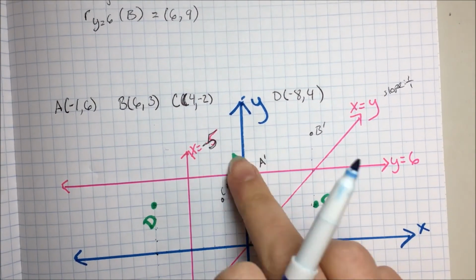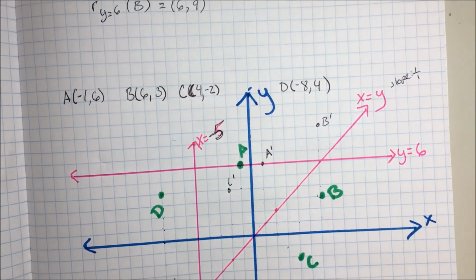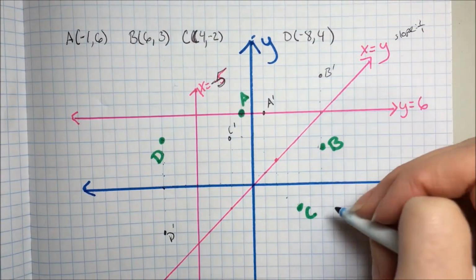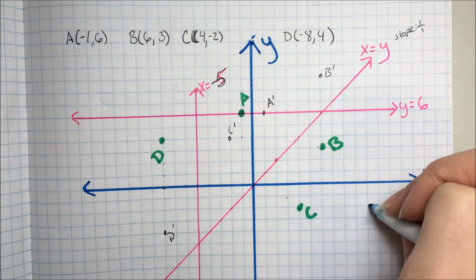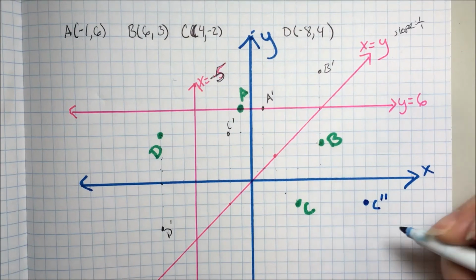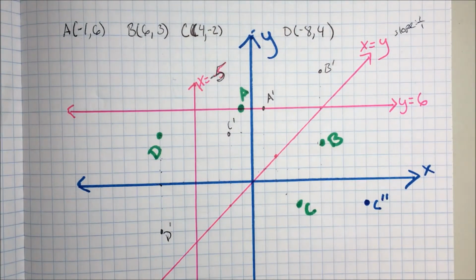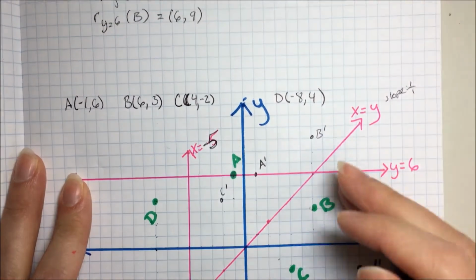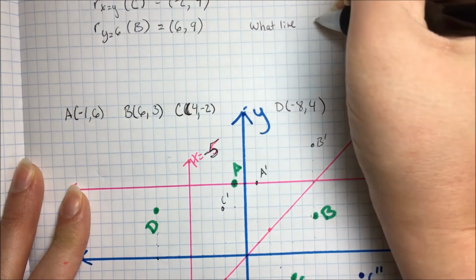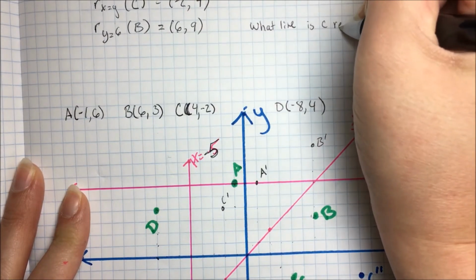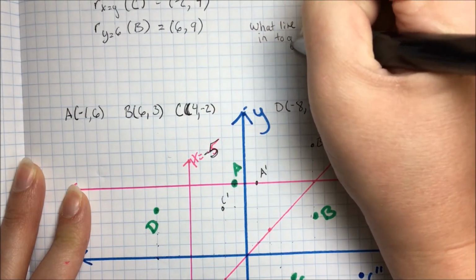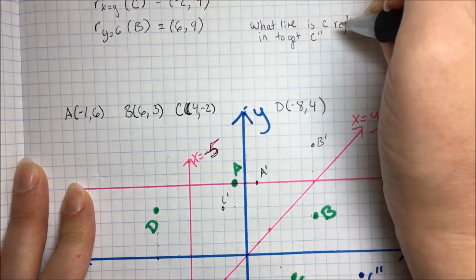Remember, the pre-image is A, B, C, and D. Say I gave you C prime prime, and I asked you, what line is C reflected in to get C prime prime?